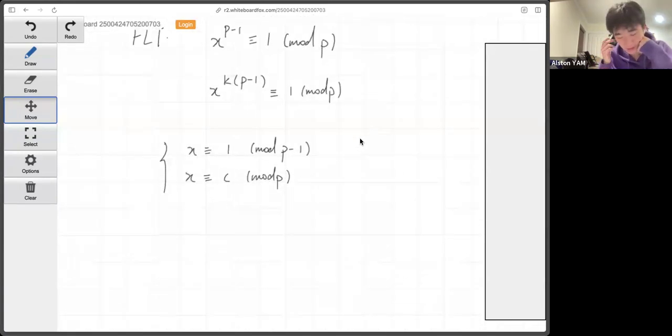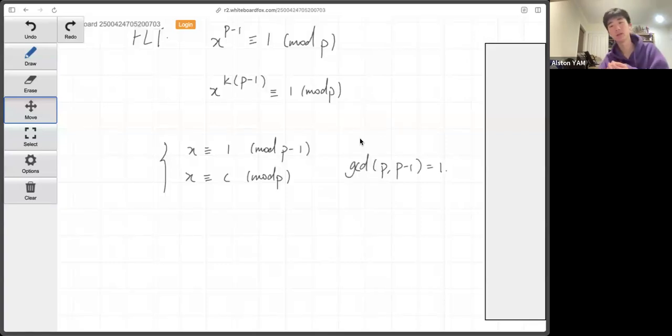So what we realize now is that the GCD of p and p minus 1 is exactly 1. They must be coprime since they're consecutive numbers.